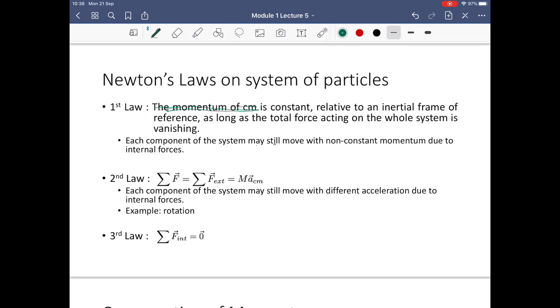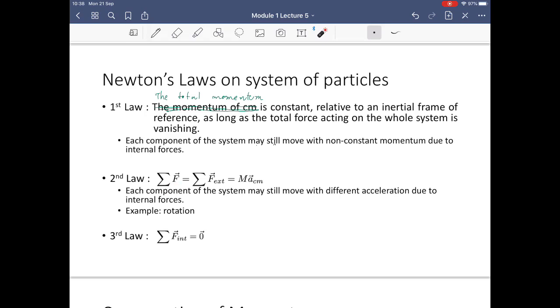It should be the total momentum. So the total momentum, which means if you add the momentum of every particle in the system together, then you get the total momentum. If the total force acting on the system is equal to zero, then the total momentum will be constant. But again, what is important here is that each component of the system may still move with non-constant momentum. But the total momentum, not the average, would still be constant.